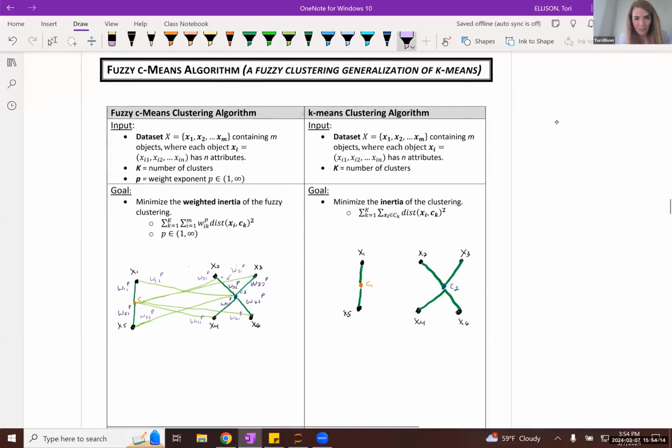In k-means, like we discussed, our input is an m by n dimensional matrix with n attributes, and we want to remember this should only be used for numerical data sets. It's going to be the same for fuzzy c-means as well. So this should only be used for numerical data sets.